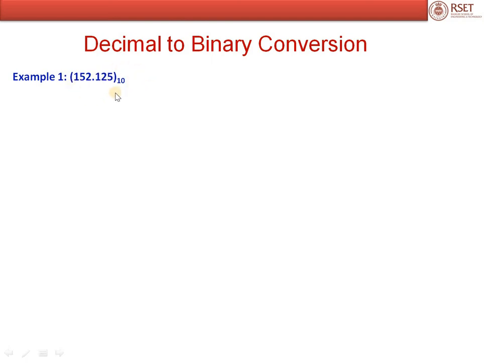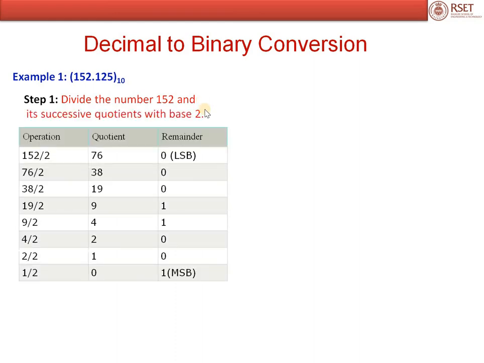Consider them individually. Step 1: divide the integer part, 152, by the binary number base, that is 2. So 152 divided by 2 gives a quotient of 76 with a remainder of 0.